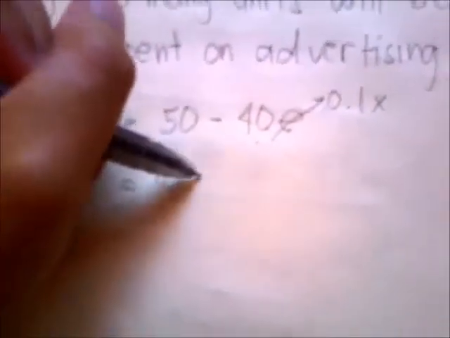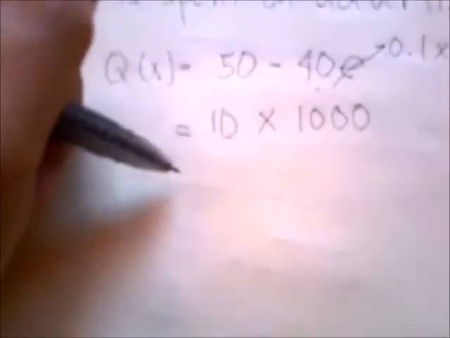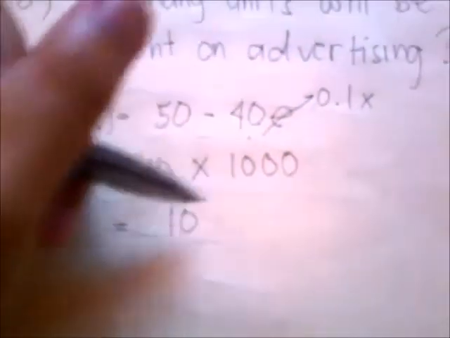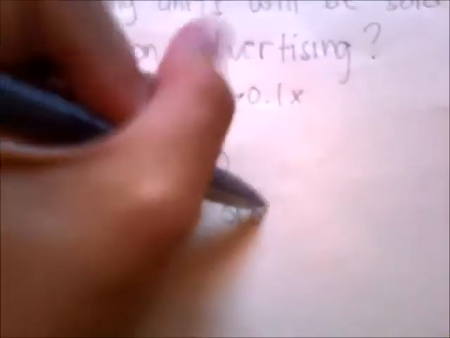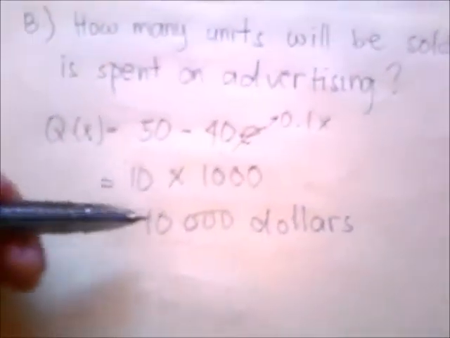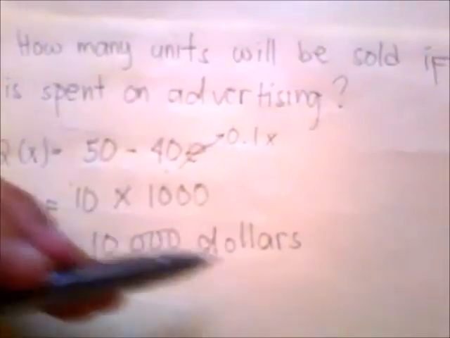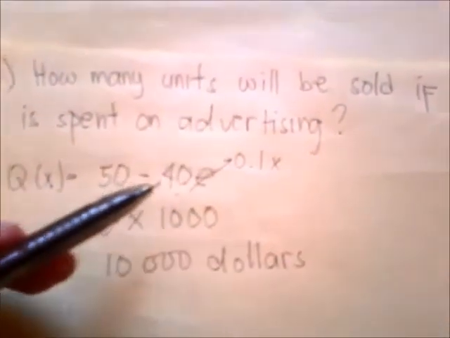So 10 here will be multiplied by 1,000, and it will be equal to $10,000. So 10,000 units will be sold if no money is spent on advertising.